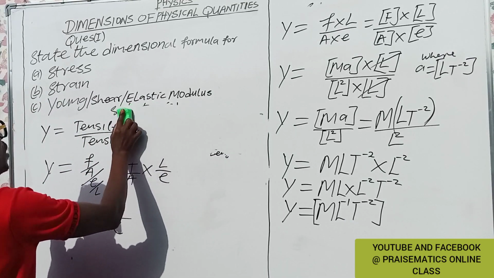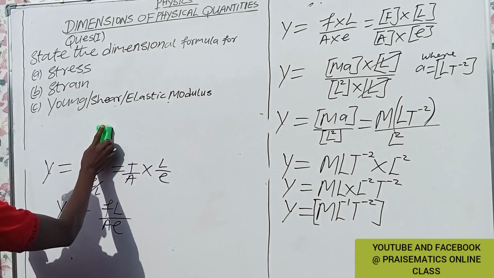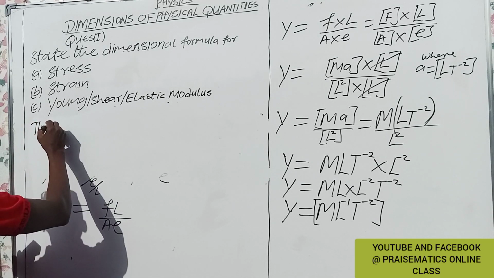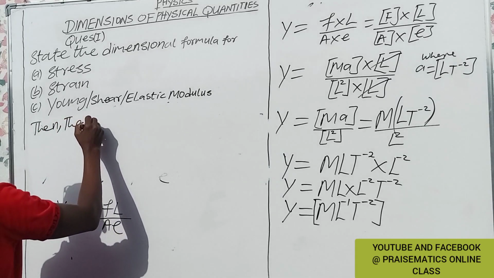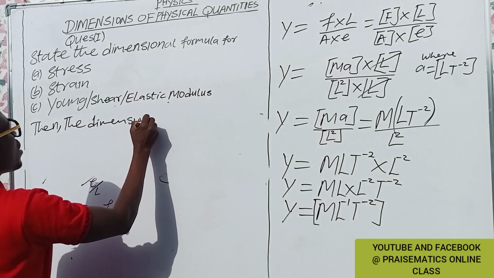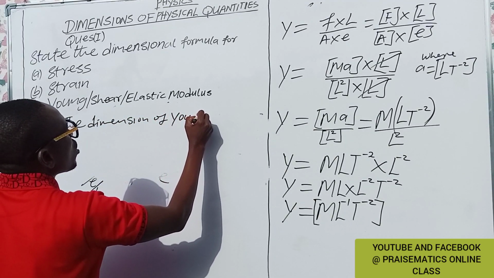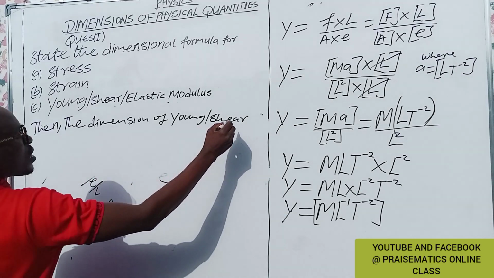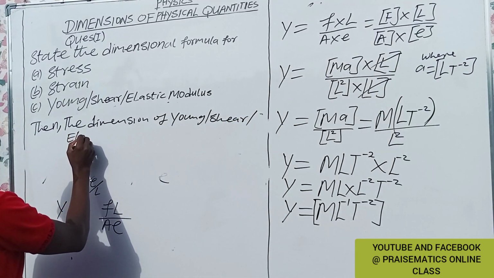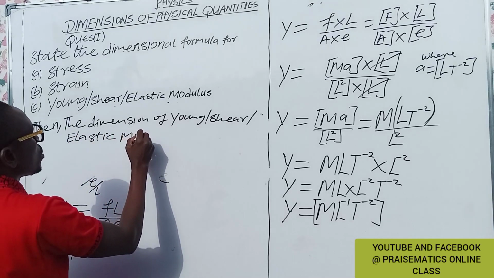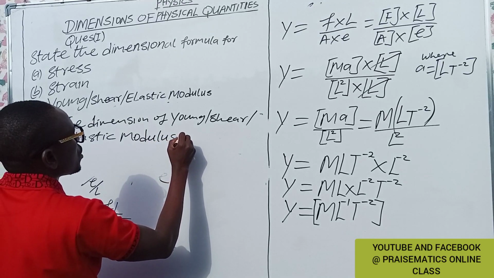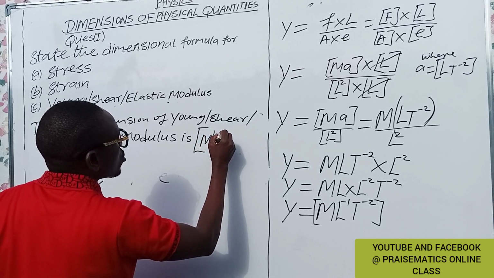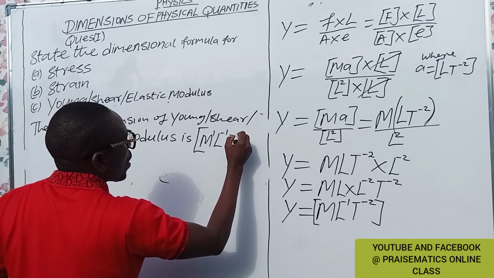So the dimension of Young modulus, or shear modulus, or elastic modulus, is M raised to power 1, L raised to power minus 1, t raised to power minus 2.